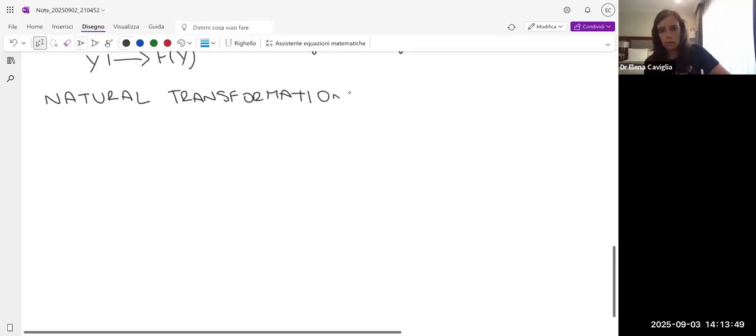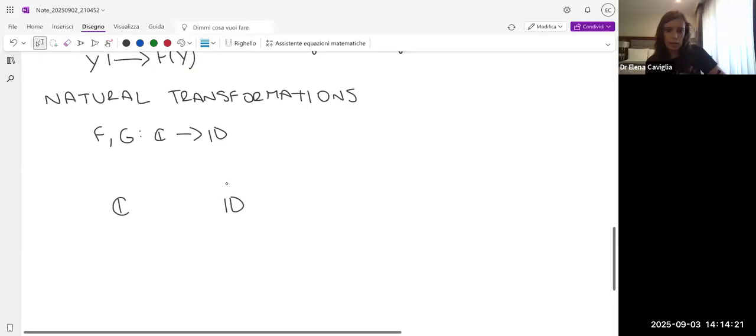A natural transformation can be thought of as a morphism between functors, and we will see that this point of view is very important in two-dimensional category theory. But for now, what we have is two different functors. They are both between the same categories, so say from C to D. So the picture is like this.